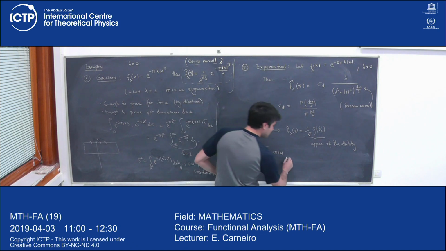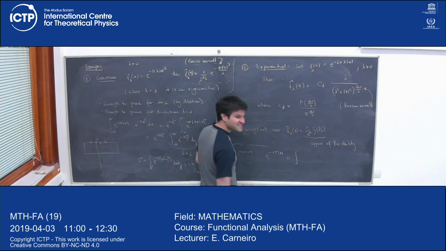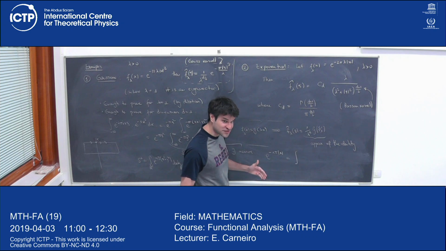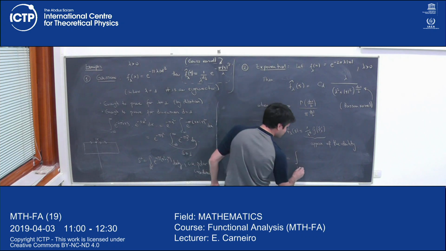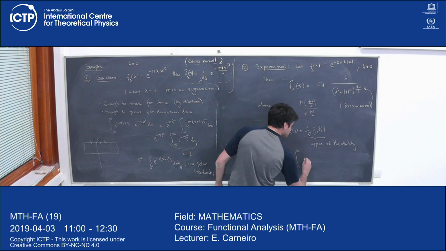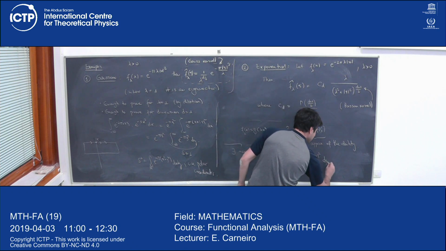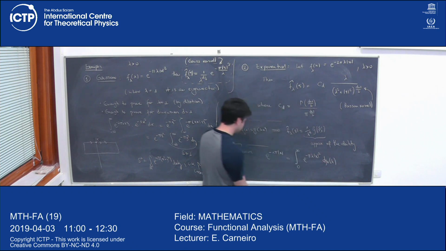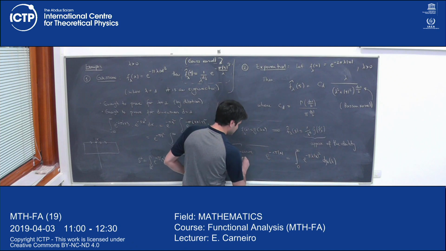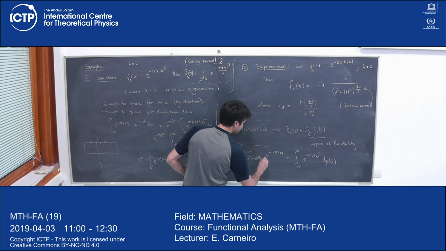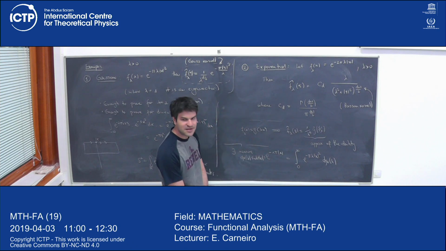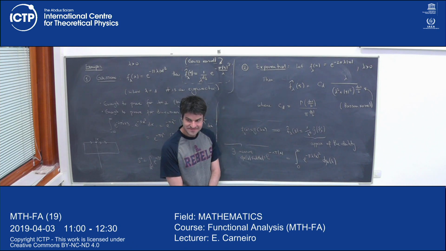This function here can be written as a superposition of Gaussians, as an integral from 0 to infinity of certain Gaussians e to the minus pi lambda |x| squared against a certain measure d nu of lambda. There exists a measure d nu lambda such that the following identity holds.